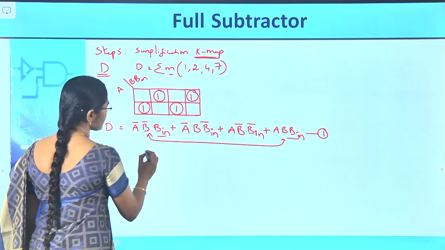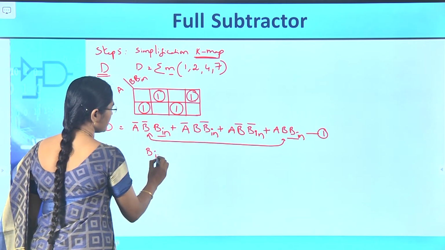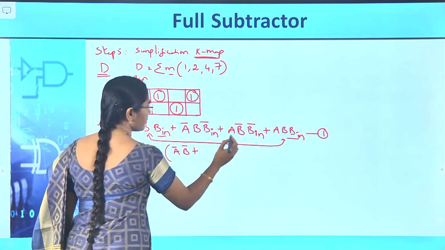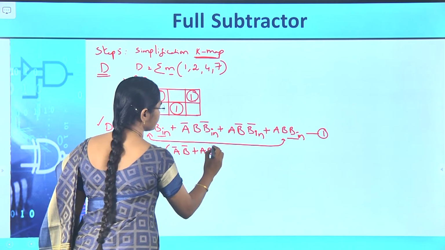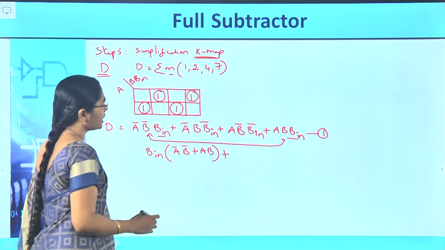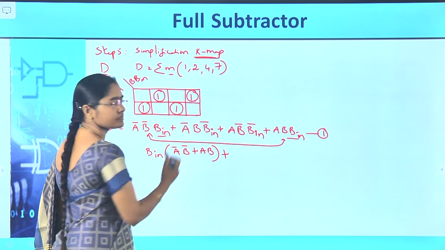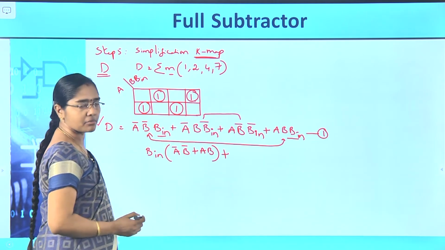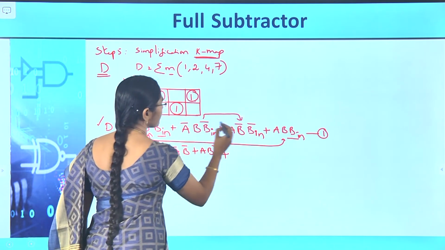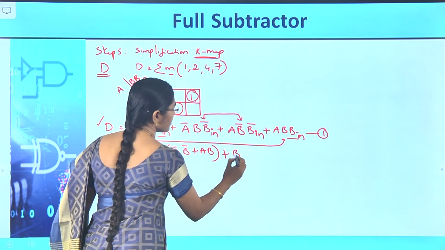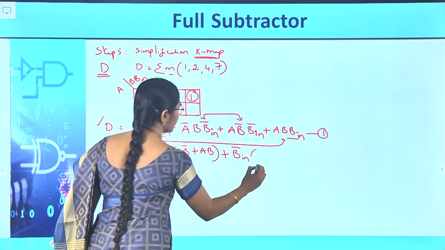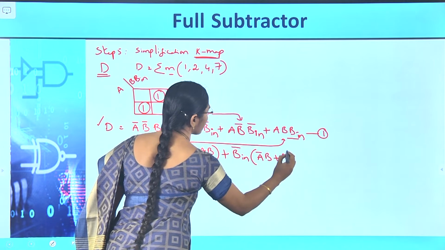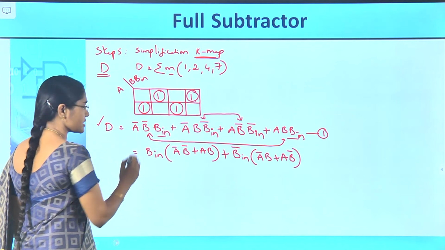If I take Bin as common from those two terms, Bin of A bar, B bar plus AB. Okay, plus. And check these two terms. From these two terms also, we can take Bin bar as common. Then it is Bin bar of A bar B plus AB bar. Alternative representation.